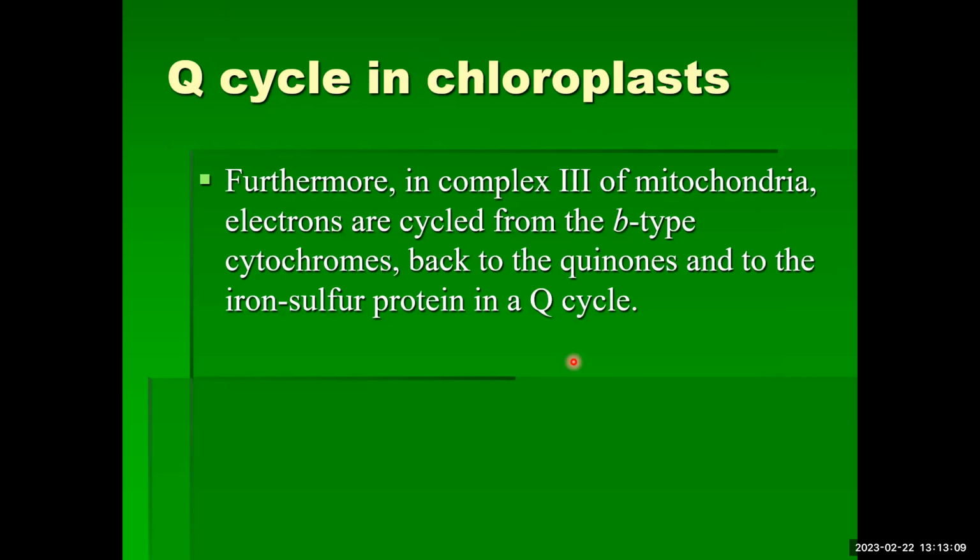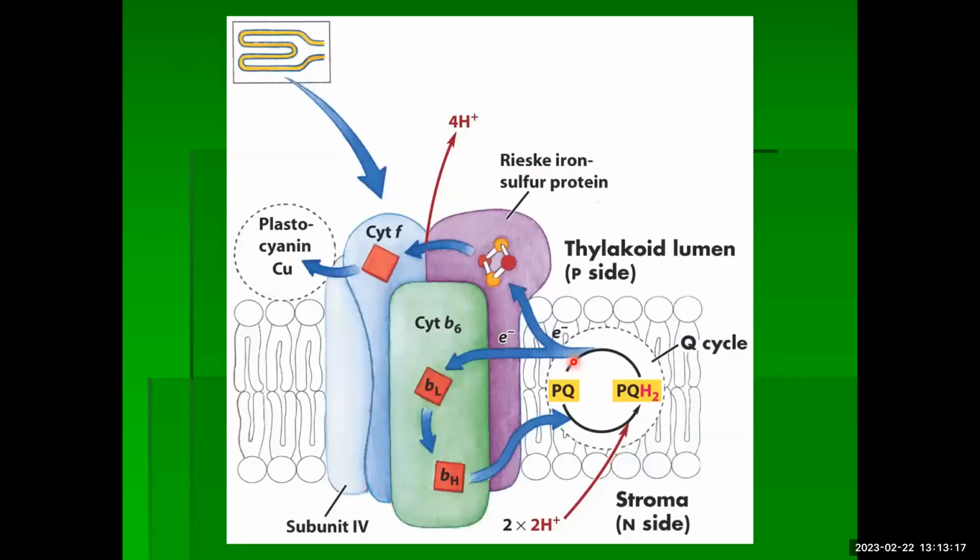So the plastoquinones keep getting loaded up with electrons. That pumps more protons. That's the Q-type cycle. Very much like what you see in complex 3 of mitochondria.